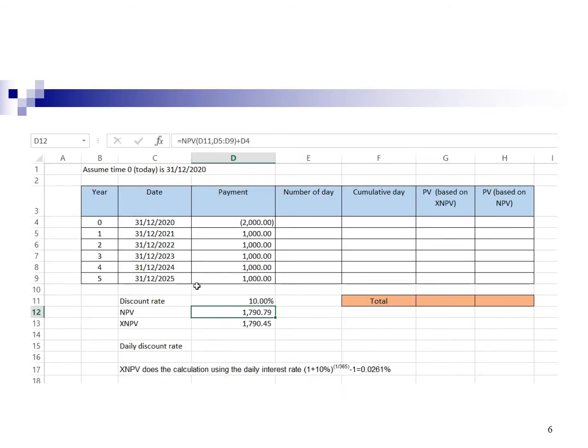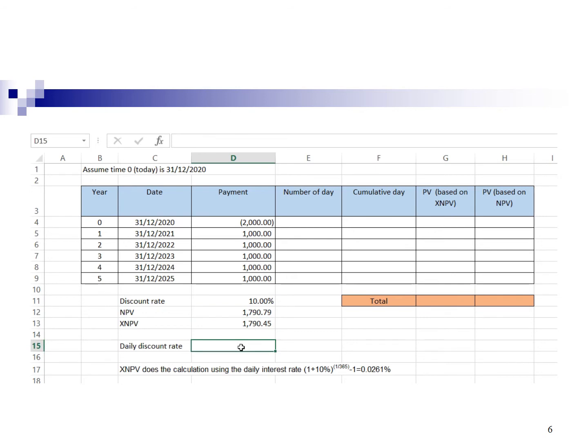As the values of XNPV and NPV are not the same, I'm going to reconcile the differences. XNPV discounts cash flow on a daily basis. NPV discounts cash flow on an annual basis. So, first, I will calculate the daily discount rate.